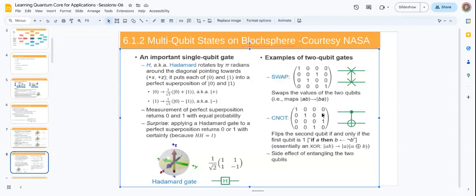So you can see that these are the 4 states. This 1 0 and 0 0 are the 2 qubits. When you apply it, if this is 0, then it should flip. And the same way, the other one is here. So these two are the bottom.